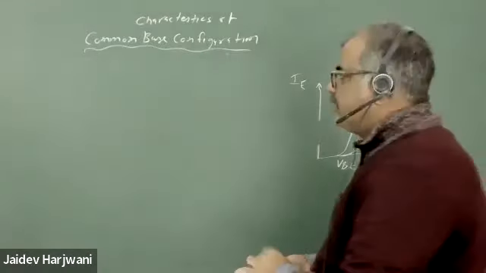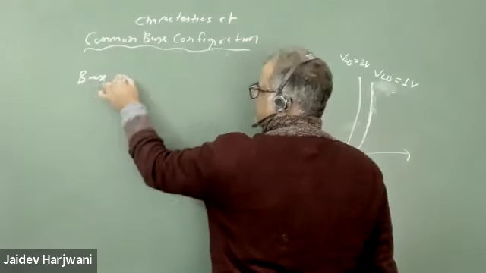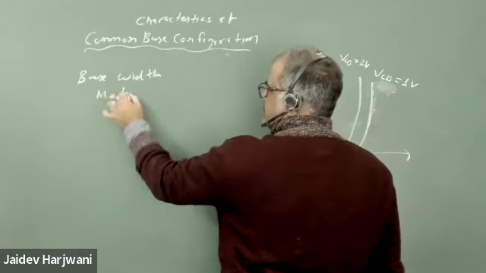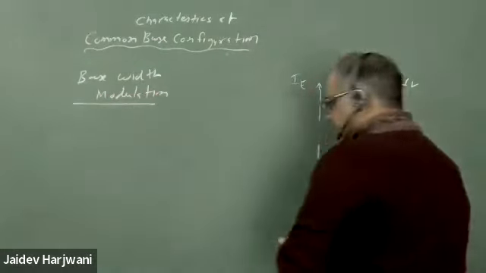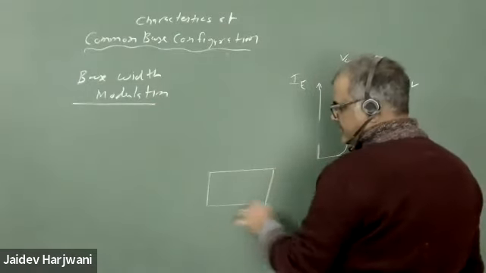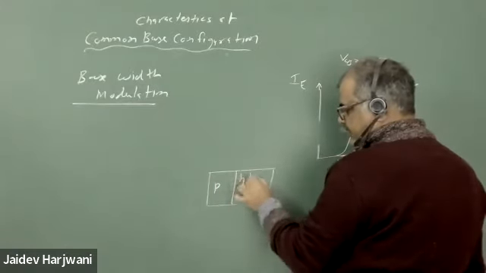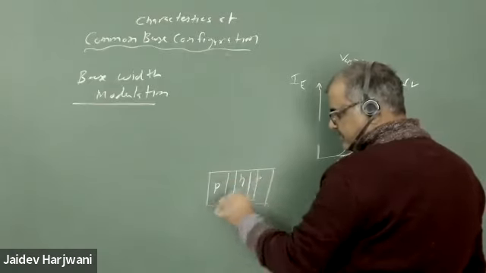There is one effect called base width modulation. What happens when you have a junction? Let me call it PNP. In a PNP junction there is a depletion layer width.